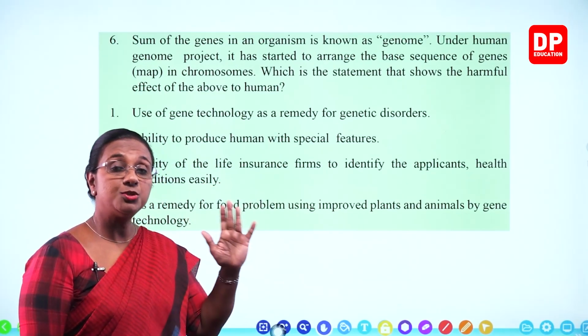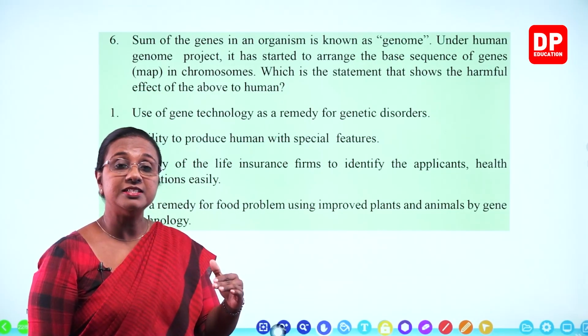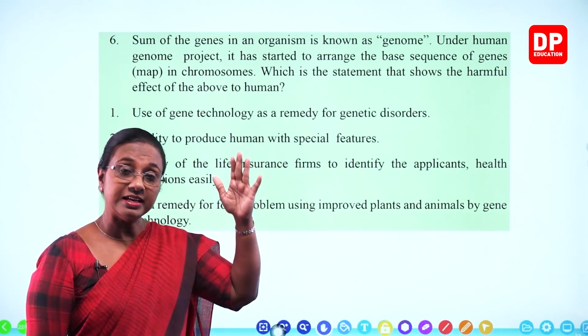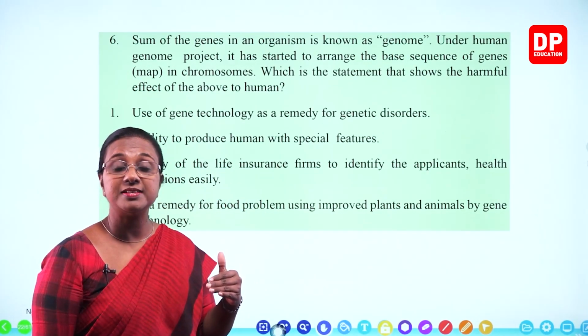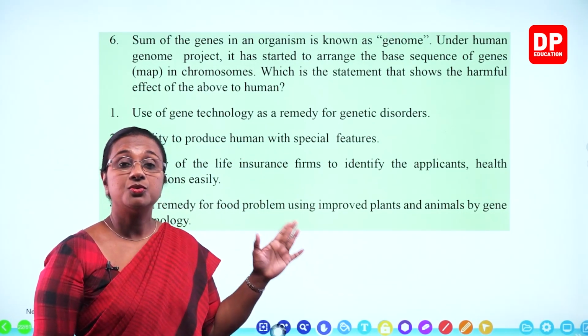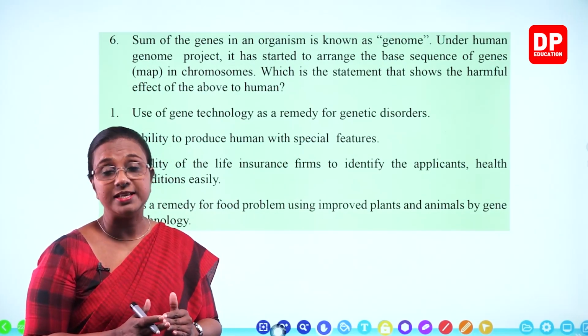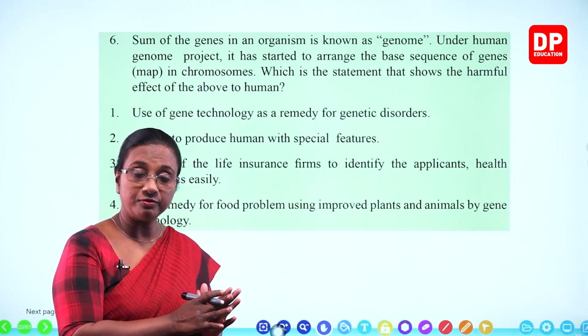They take each pair, say the first pair of chromosomes, and they identify the genes, and in that they identify the base pairs. Base pair sequence is the gene. So that is mapped so that they know the full correct order of the base pairs in the first pair of chromosomes.